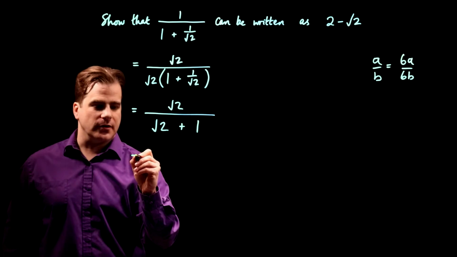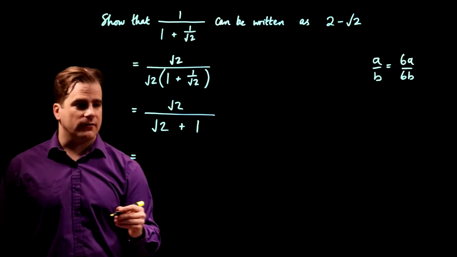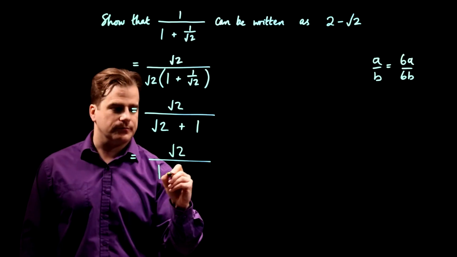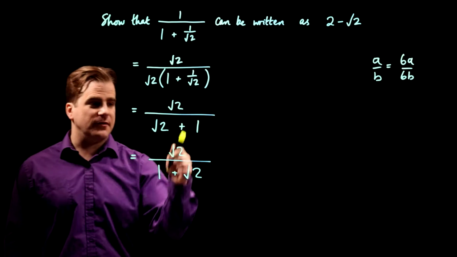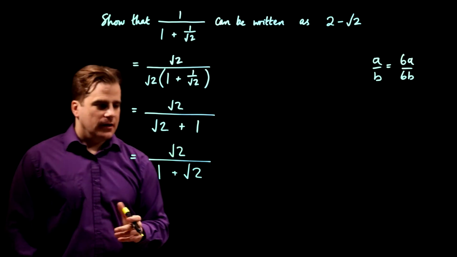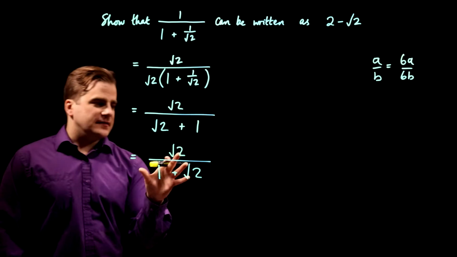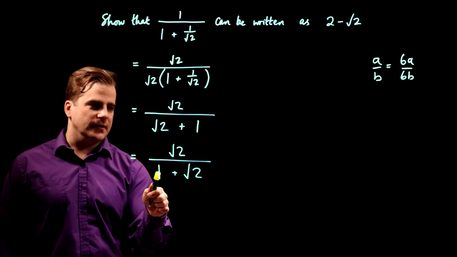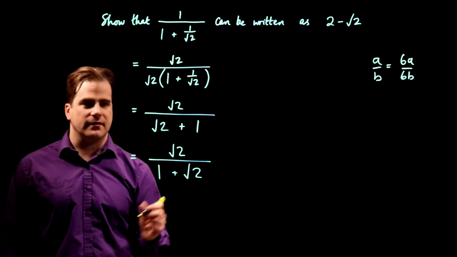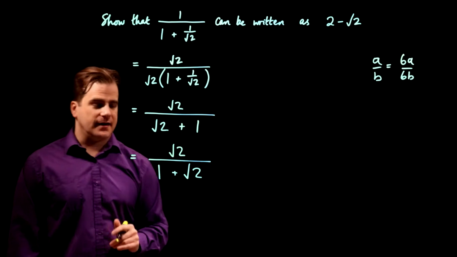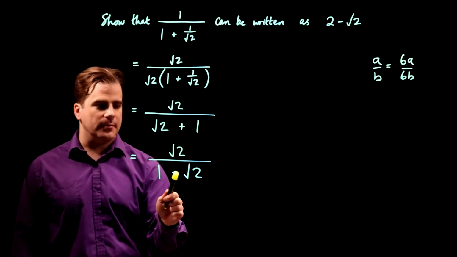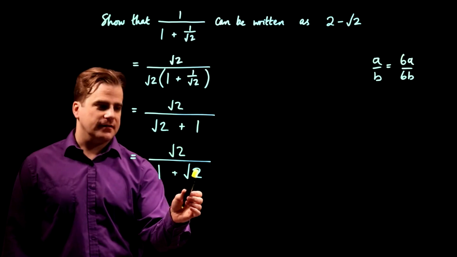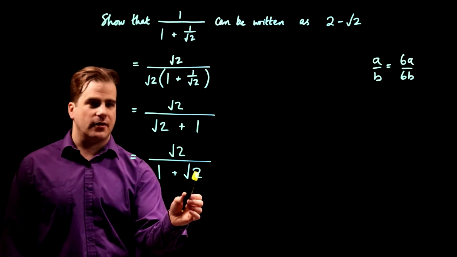So there's a trick which you need to remember for when you see this. First thing I'm going to do is rewrite this with the number 1 first. So root 2 over 1 plus root 2. It's the same thing, I've just reversed the order. The reason I've done that is generally you'll see it in this form with the normal number first and then the surd. And the trick is this. You multiply top and bottom by 1 minus, well, that number minus that surd.